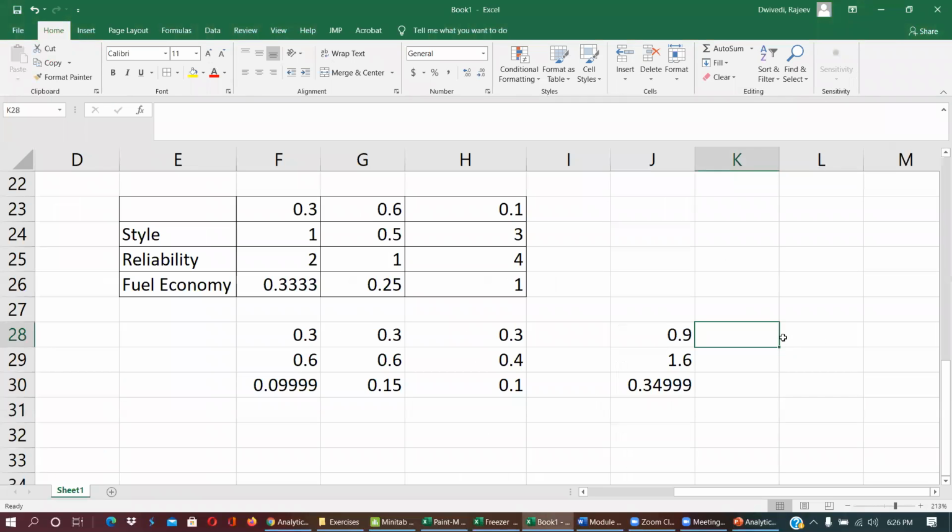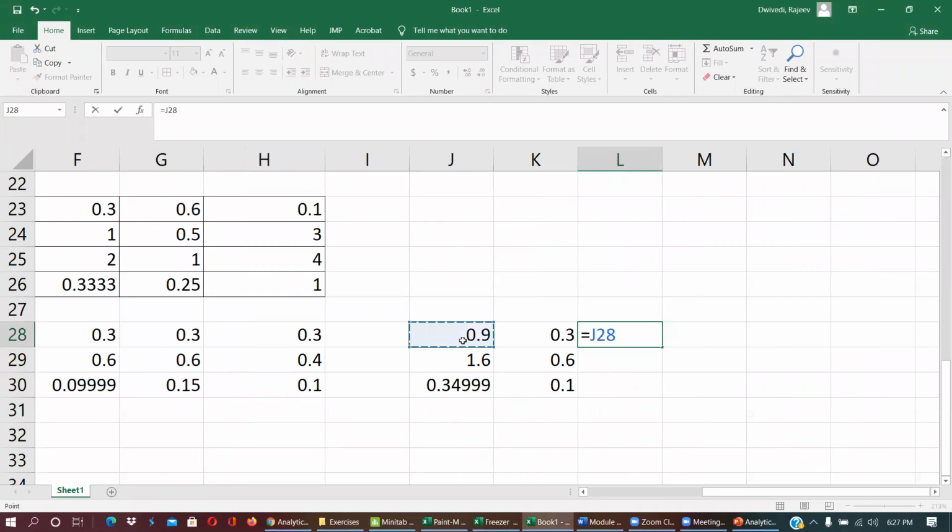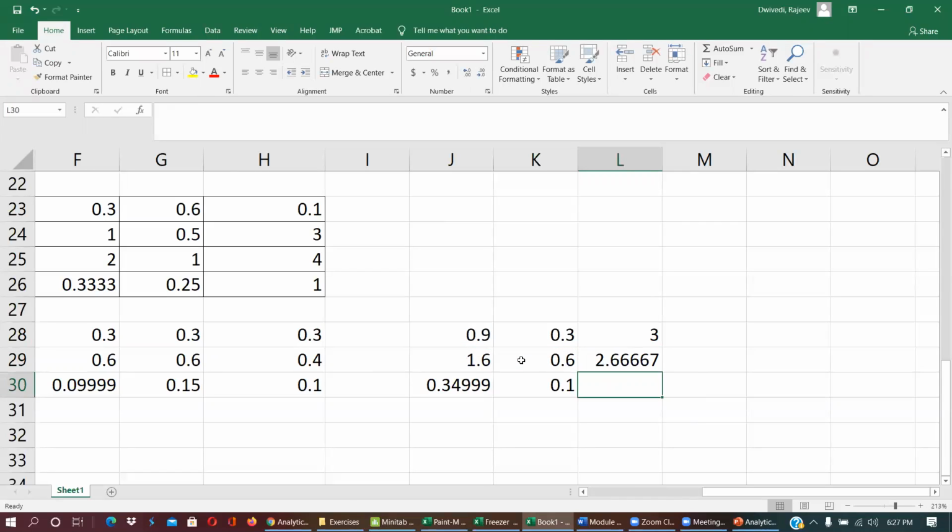So this is what we have now, and 0.3 is this style, 0.6 is this, and 0.1 is this. So we are going to take this divided by this, this divided by this, and this divided by this.